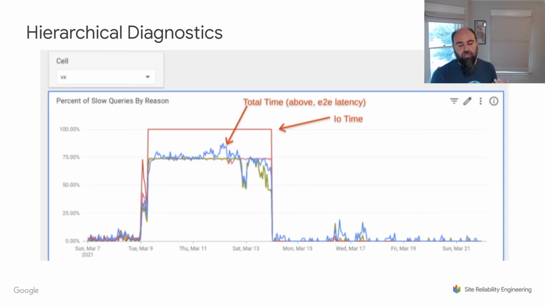As opposed to a manual diagnostic process where a person who maybe isn't so familiar with the I/O subsystem of the service has to go and diagnose this and figure out where the logs are and figure out where the metrics are and then try to figure out how to interpret the metrics. This is a really unambiguous signal that something is going on and that this is a pervasive problem. Moreover, when you see these rates, it's also clear this is not a problem that is rooted at the workload, which is a really interesting property.